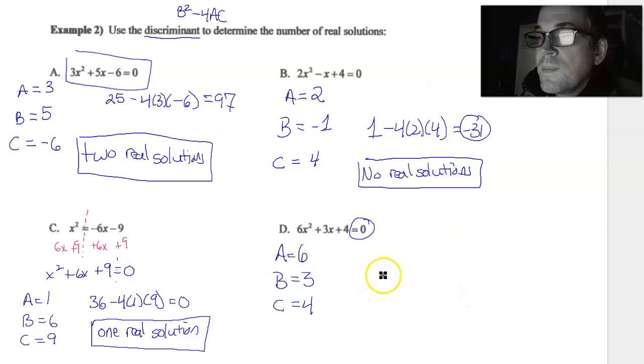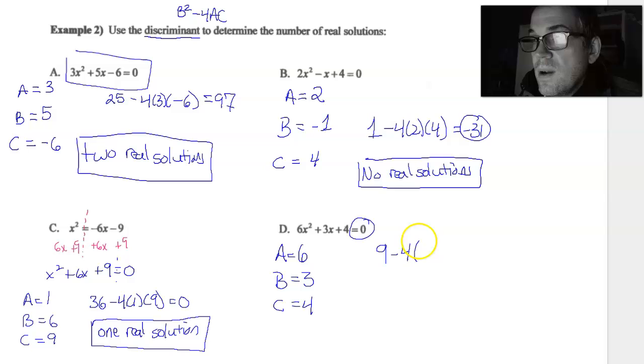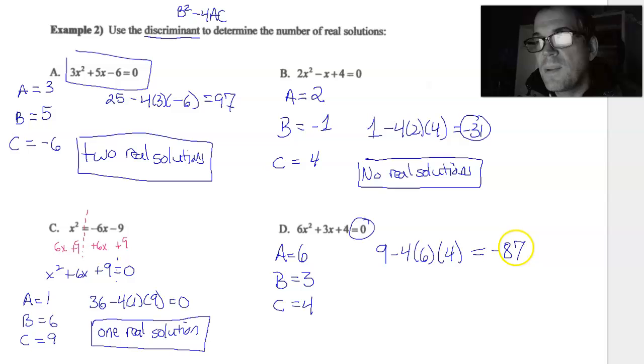I just didn't say it. I'm going to square b in my head, minus 4 times a times c. Ooh, I forgot what that equals. I got to check on my calculator again. So I get a negative 87 when I put that in my calculator. Don't care about the value so much as the fact that the discriminant, negative 87, is negative. That means no real solutions.